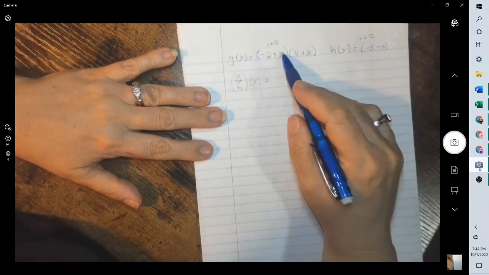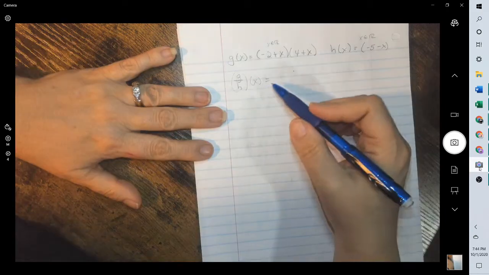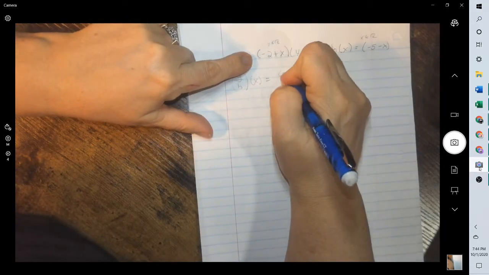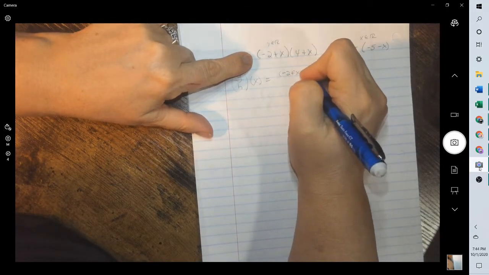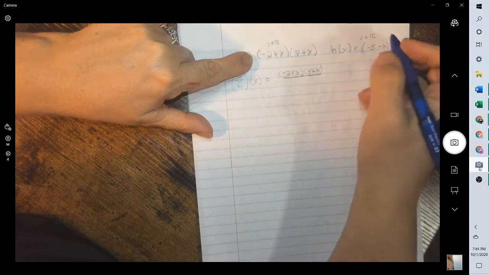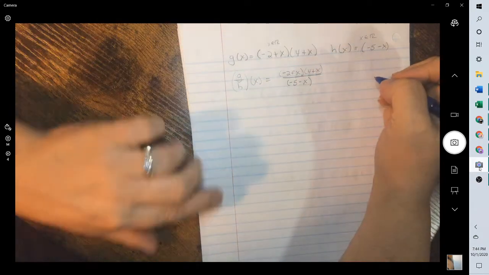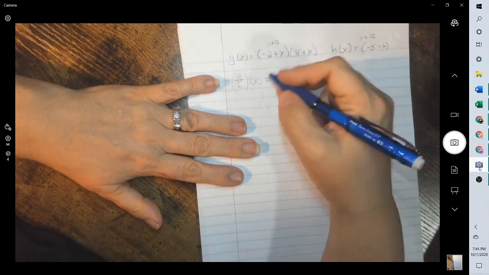So both of these will be all real numbers. Now to divide them, g is on top, divided by h, and this would be your answer.